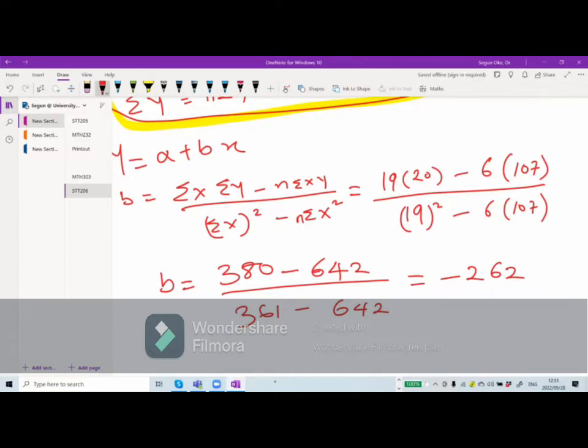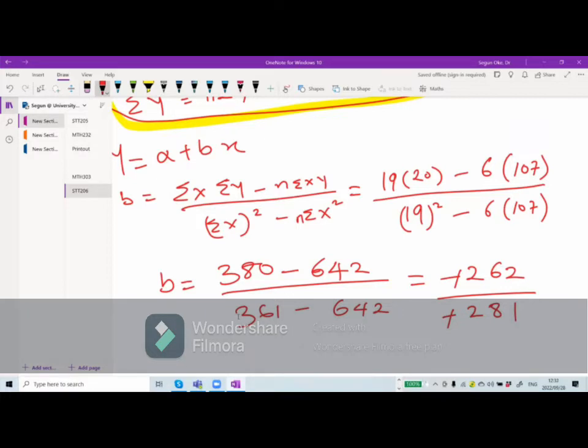Use it the way it is given. Divided by 361 minus 642, which is minus 281. You can see the negatives cancel. But if you don't use it this way, you just get the positive up and you get the negative at the end of the day. We're in trouble with that.